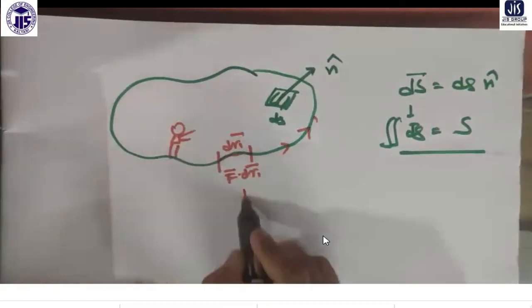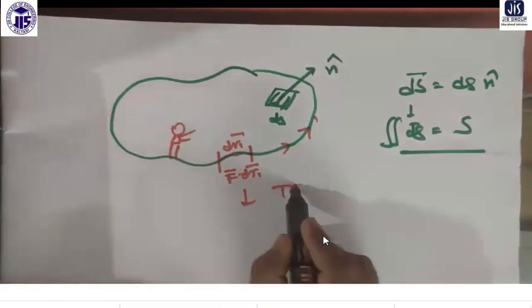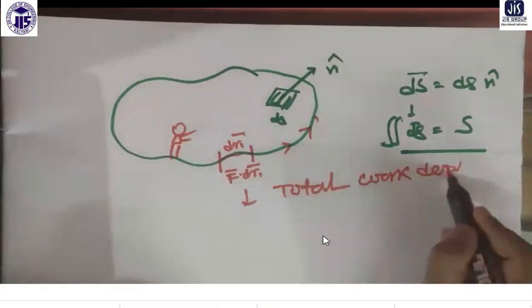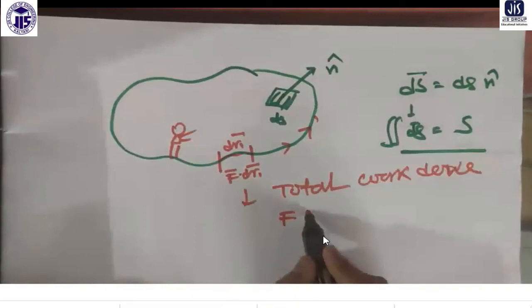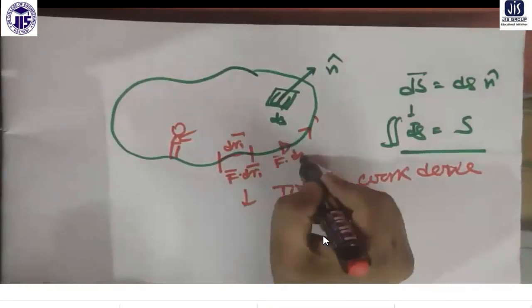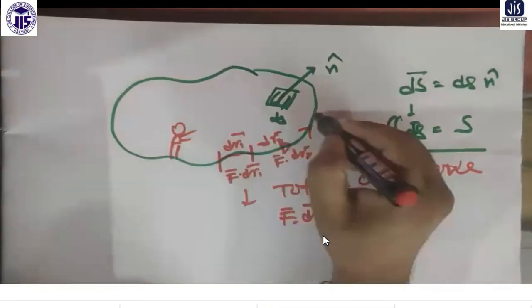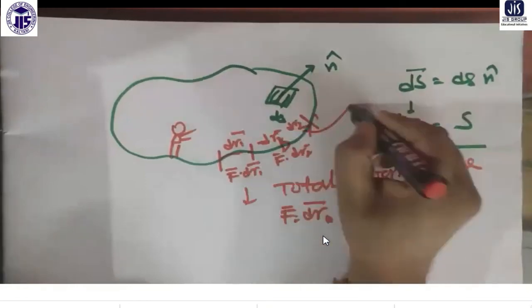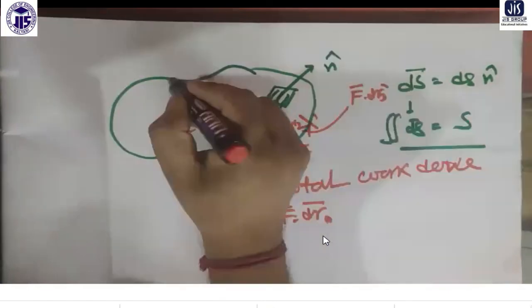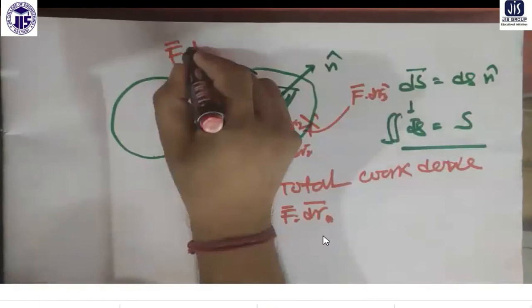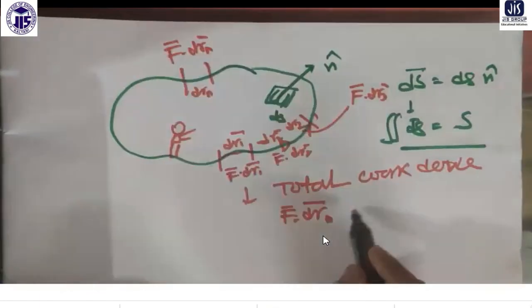The amount of work done over an incremental length will be F dot dr1. As the person walks along this path, the total work done will be the sum of all these individual works, F dot dr2, as I showed you a few minutes back. In this case F dot dr3, in this case maybe F dot drn. If you add all of them, you get the total work done, F dot dr.